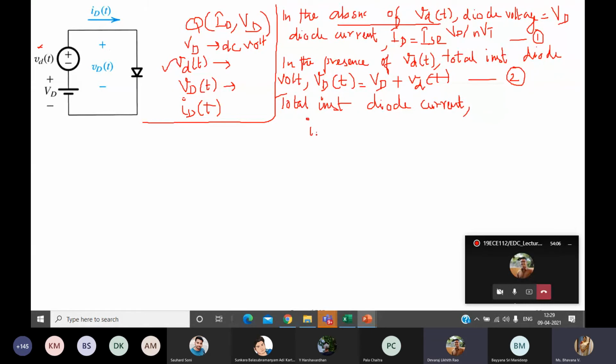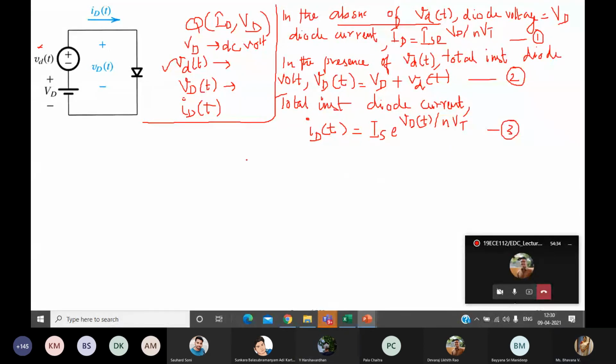Small i subscript capital D, iD of t, will be equal to IS e power, instead of capital VD, you will have to write the instantaneous value of voltage, vD of t, by nVT. Is it clear? Equation number 3.